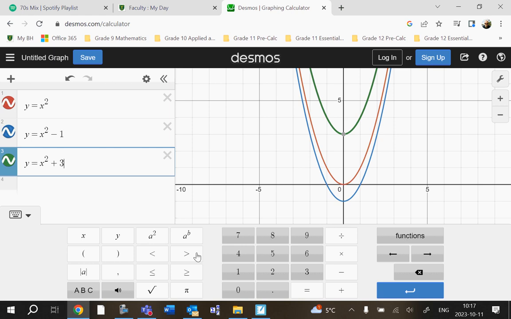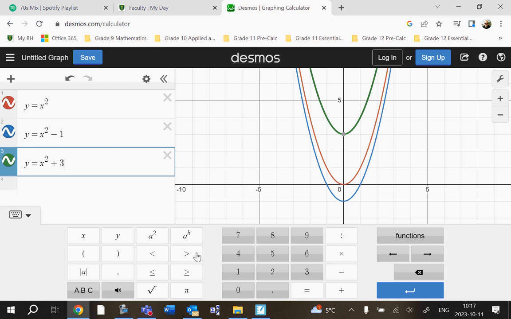Without doing, just looking at this, what would you do? Like here's x squared, here's x squared minus 1. Here's x squared plus 3. X squared plus 1 would be where? Everything moves up 1. So the vertex moves up 1, and then I would go 1, 1, 2, 4.